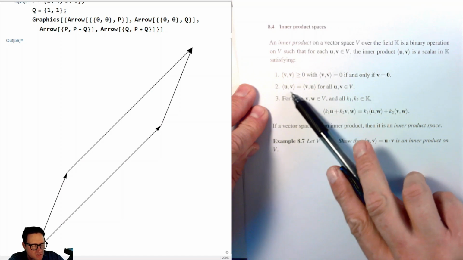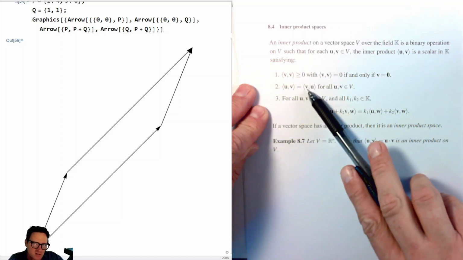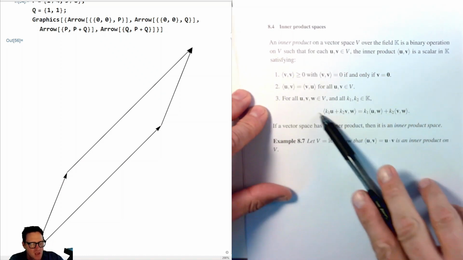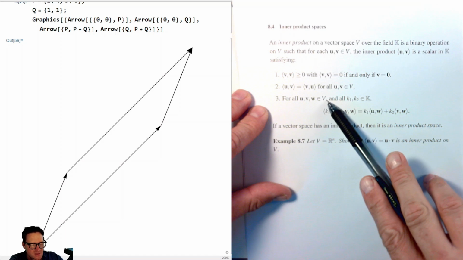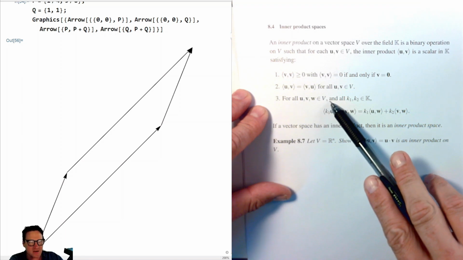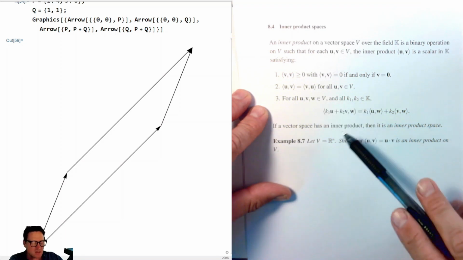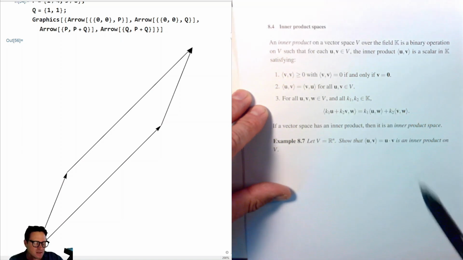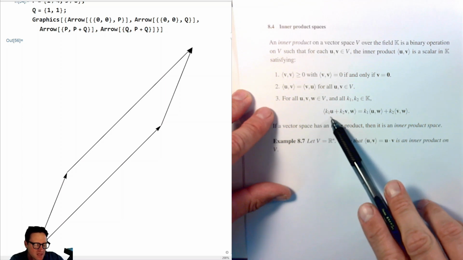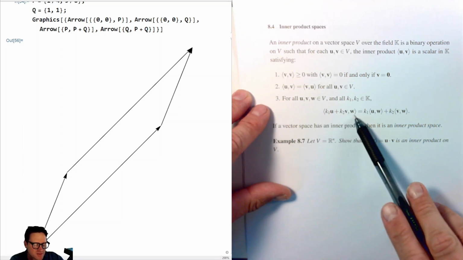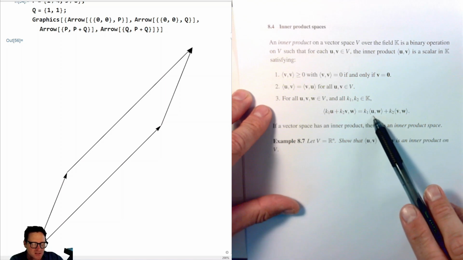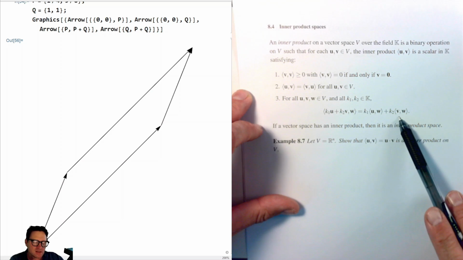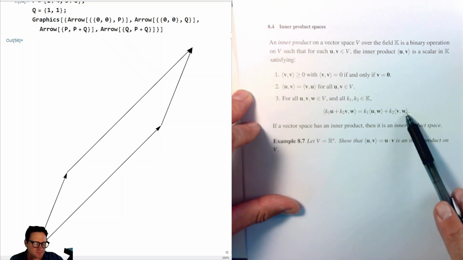The inner product of u with v is equal to the inner product of v with u for all vectors u and v in the vector space V. And for all u, v, and w that are vectors in the vector space V, and all scalars k1 and k2 in the field of scalars K, the inner product of k1u plus k2v with w is equal to k1 times the inner product of u with w plus k2 times the inner product of v with w.